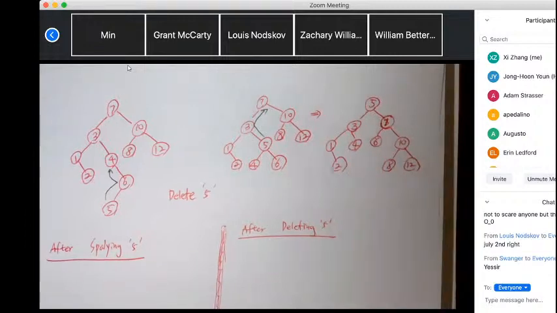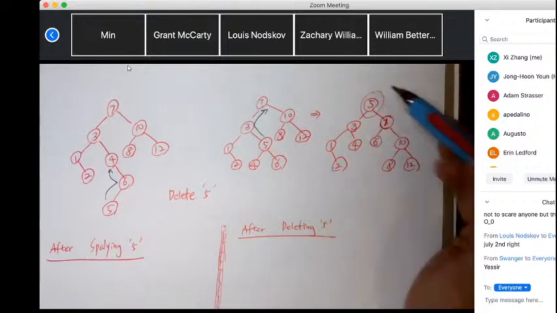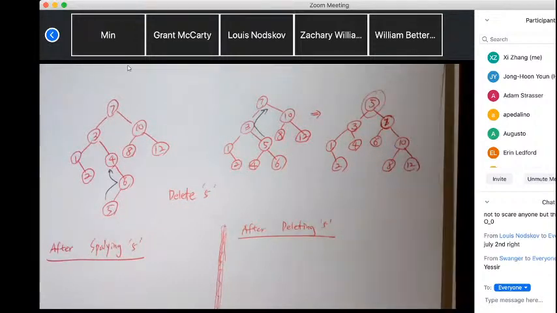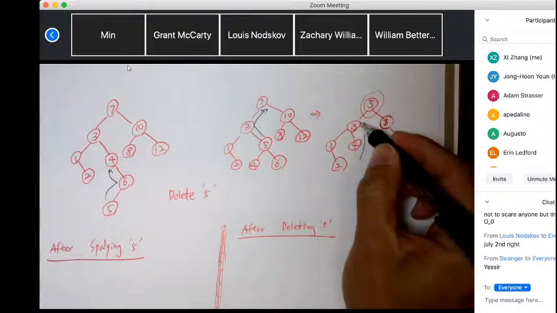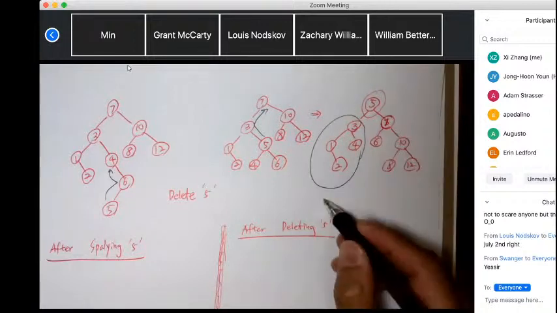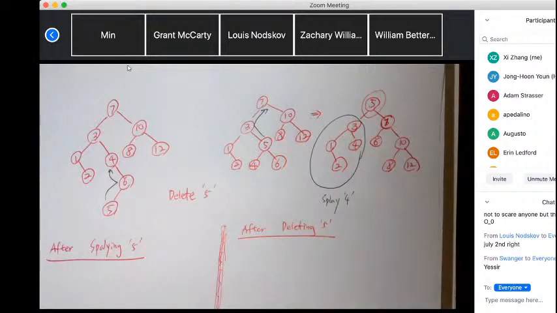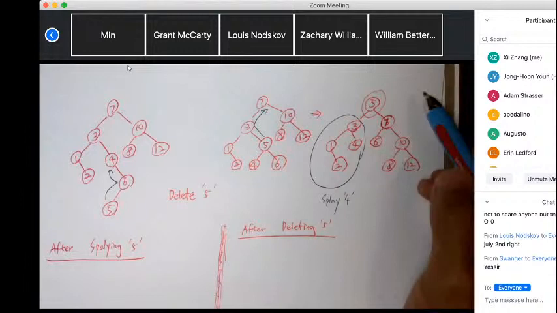And then deleting, the first step, we find the largest element in the left subtree. That's 4. So splay 4 within the tree. By the way, this is the answer for this part, right?